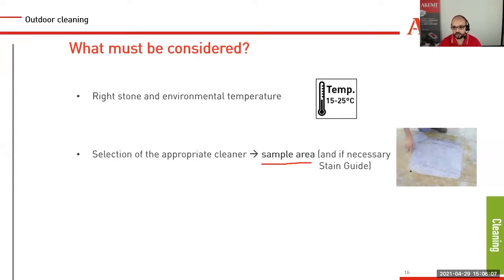So maybe in some cases I need more cleaner, in others I need less cleaner. In this case, I can really estimate my coverage of the cleaner. And that's why, as you can see here in the picture, there's always a sample area which you can do or should do to see the best cleaning result.